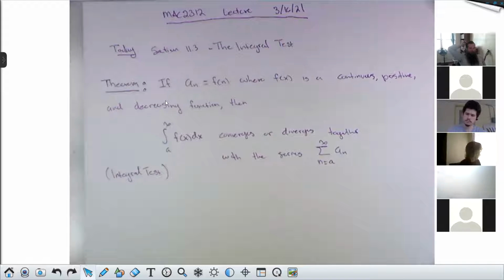So it tells you under certain conditions, your series does the same thing as a type 1 improper integral. That's the idea.